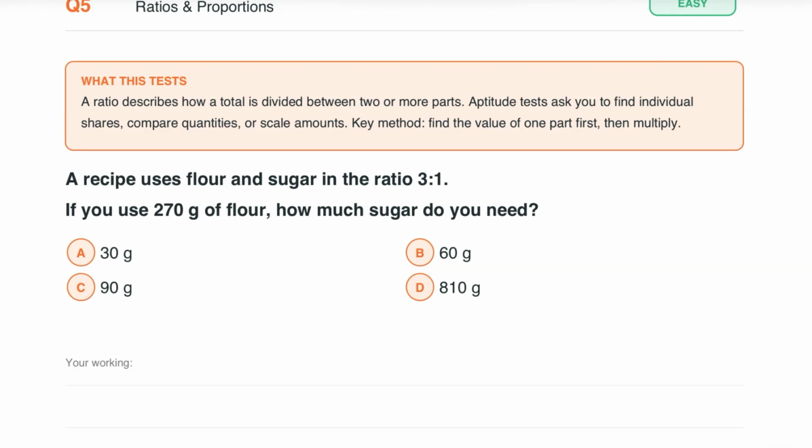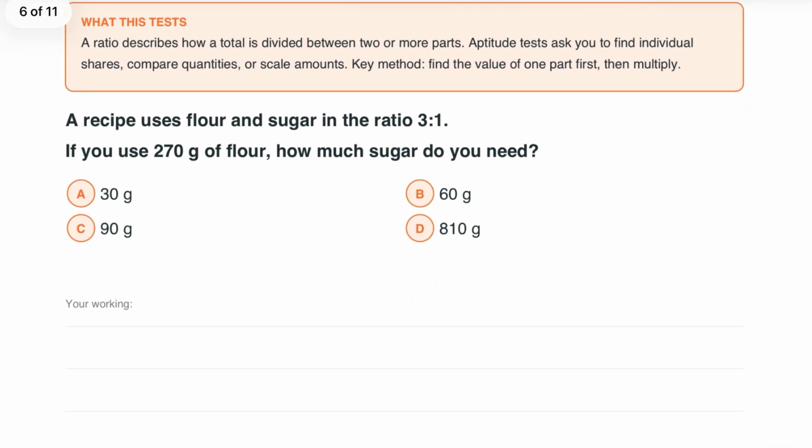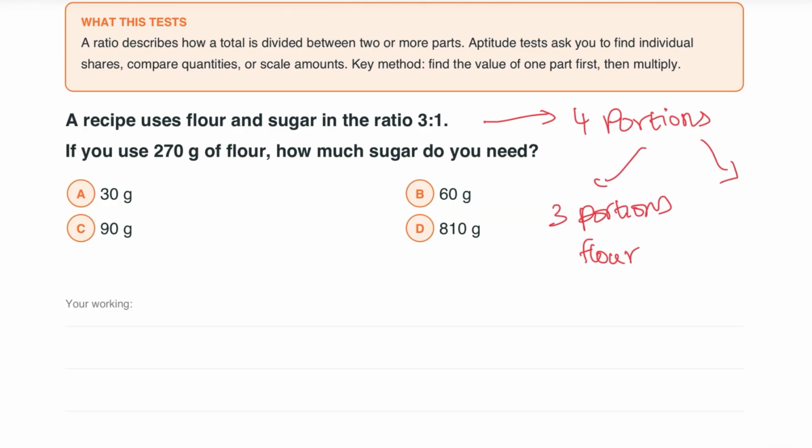Let's solve this together. First of all, we need to find one part. Now, we're being told that in the recipe you use flour and sugar in the ratio 3:1. That means total there are 4 portions. 3 portions go to flour, 1 portion goes to sugar.